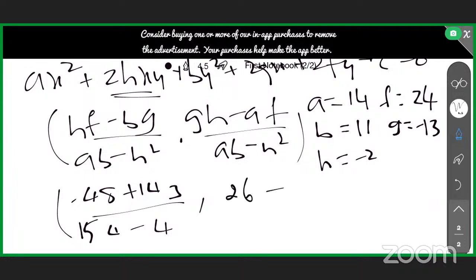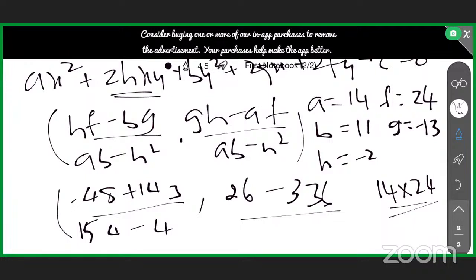Minus AF: 14 into 24. What is the value of 14 into 24? It is 336.